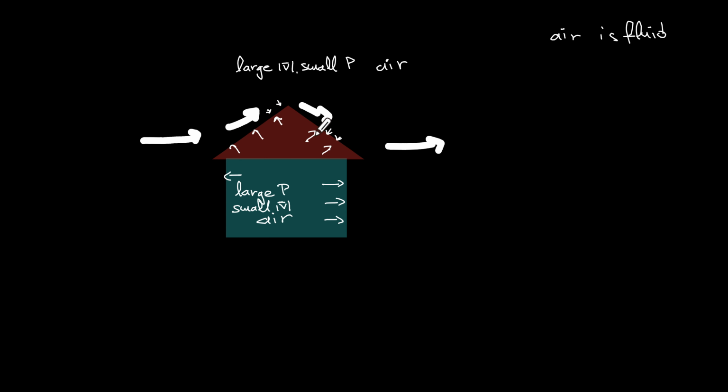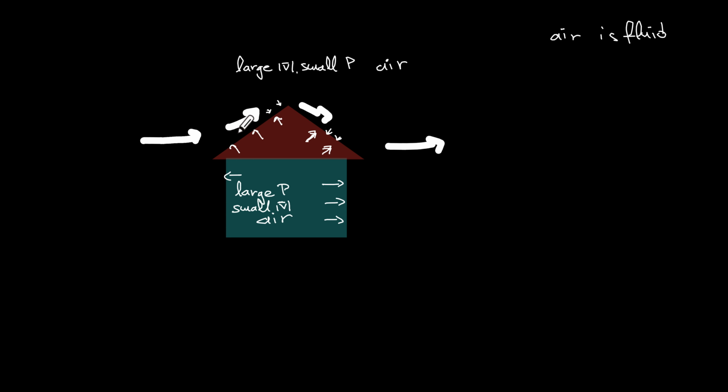And now the problem is that all the forces acting from the inside air, pushing on the roof outwards, cannot be counterbalanced. They cannot be cancelled out with the tiny forces that the air outside exerts on the roof. And when that happens, there is a large force from the air inside the house on the roof.